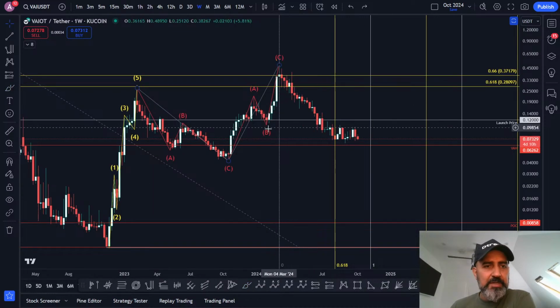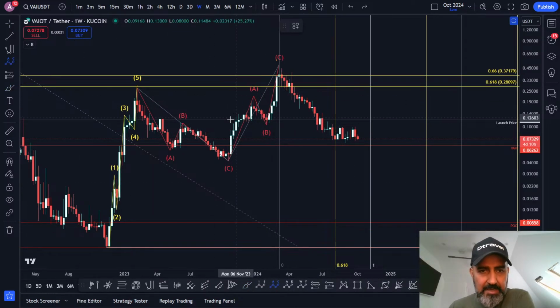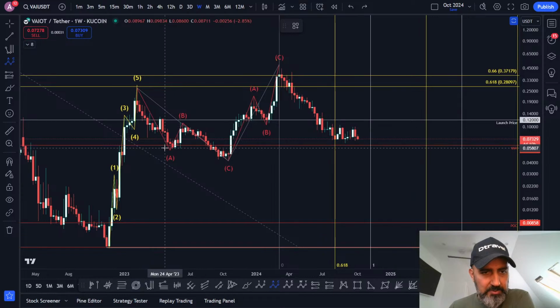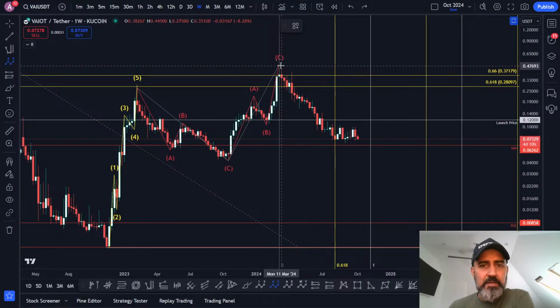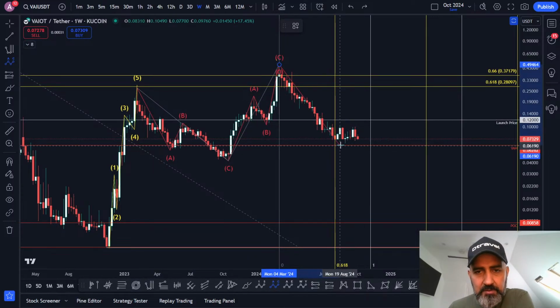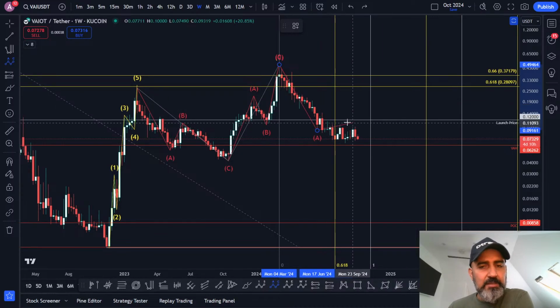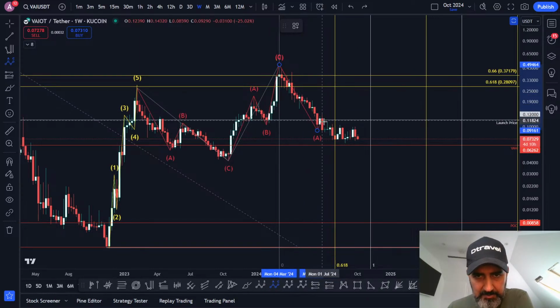Still looking for some kind of ABC, but it's very different to these wave motions. ABC, ABC. This is slightly different. No idea, actually, how this is forming. Potentially, I really have no idea, to be honest with you.